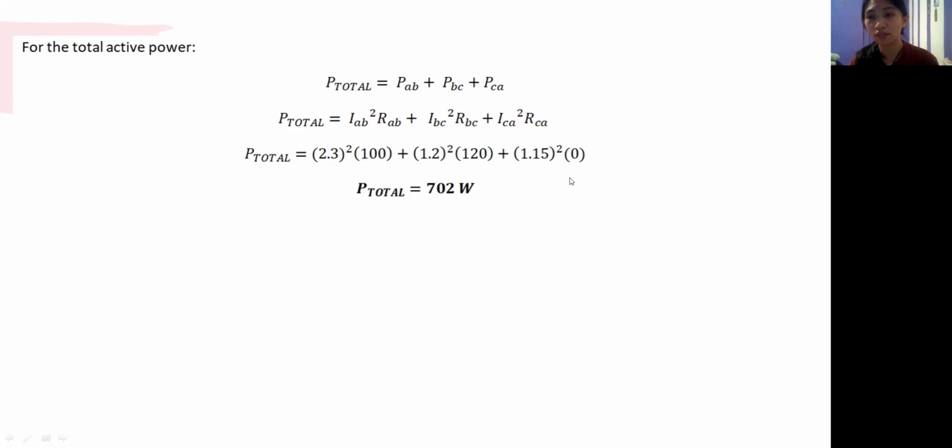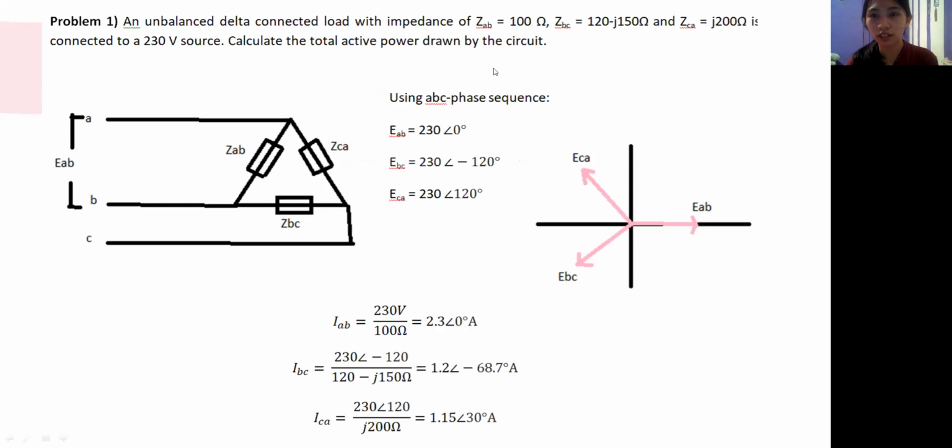Here we don't have a resistance for RCA because there is no real value. The real values are the ones we plug in, because we are using the formula for power, I squared R, which uses the value of the resistance. As you can see in the given, it is just j200 ohms.